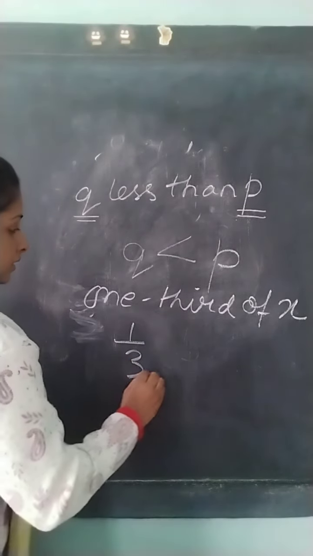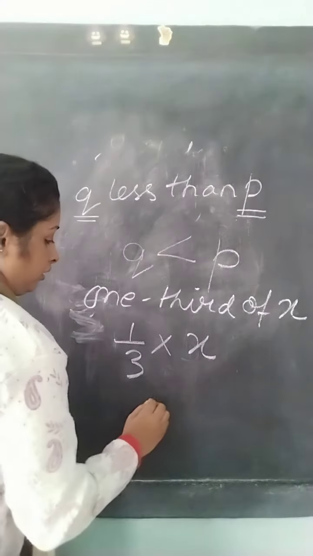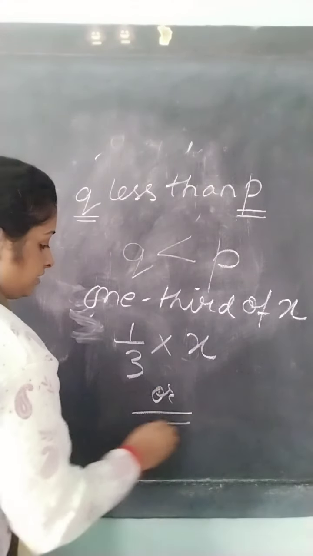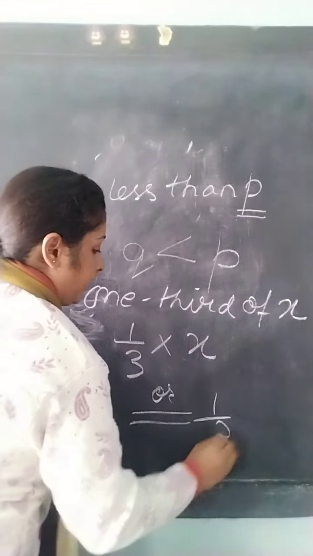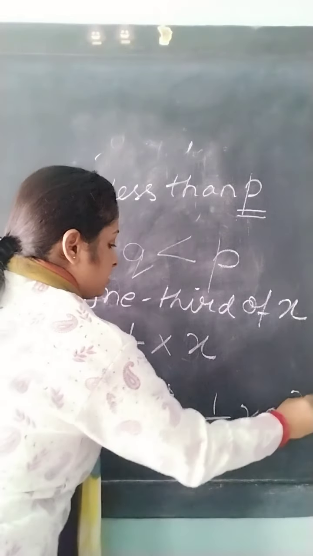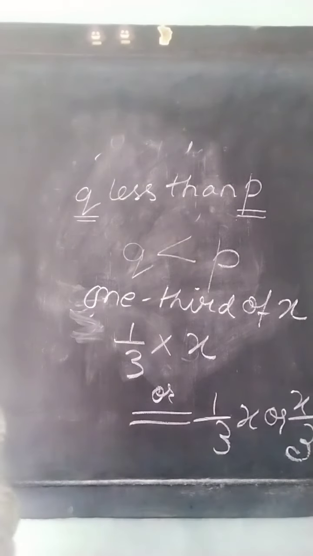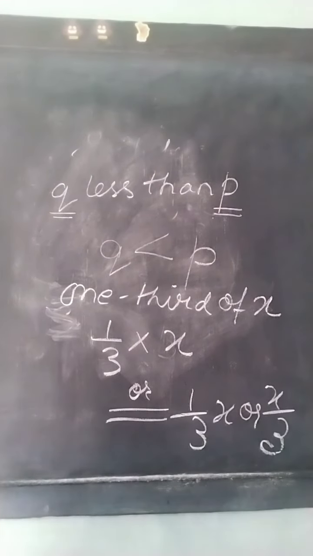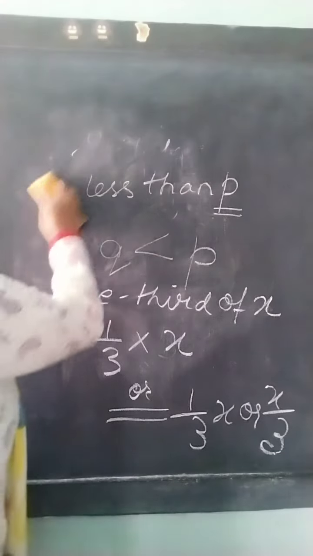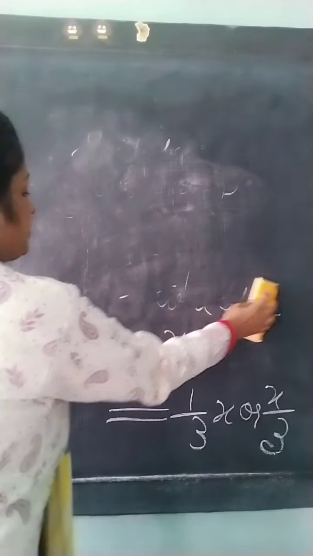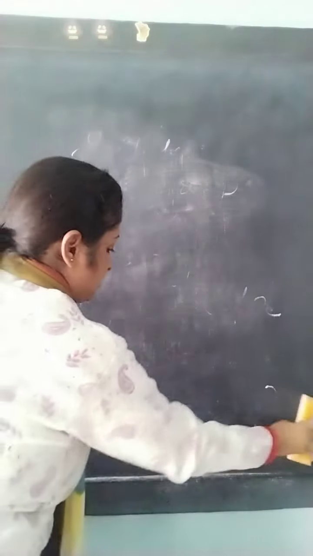Simply 1/3 into X, or we can write this as 1/3 X or X by 3. X by 3, this also we can write. In this way we will solve different sums based on symbols.